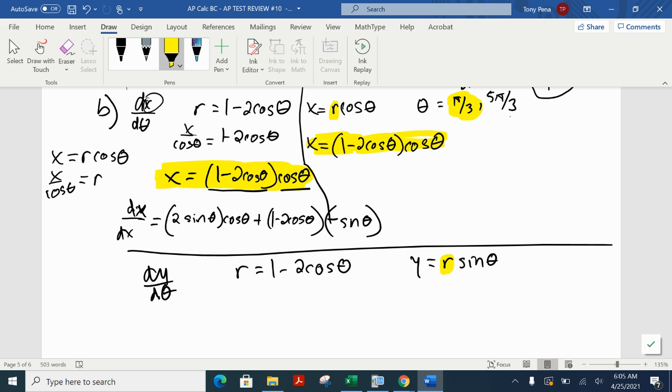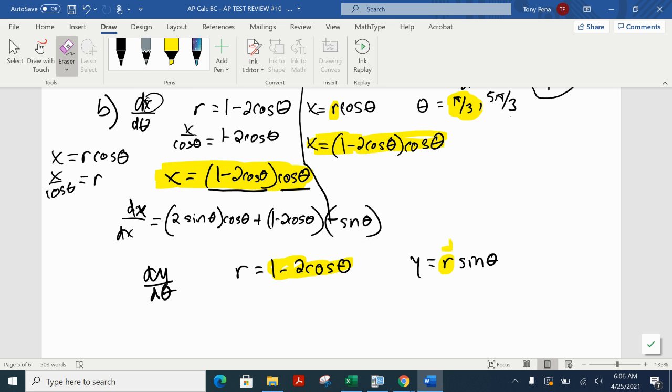You can get rid of r right away by taking this and plugging it in for r, and you have nothing but y's and thetas. If you like that version, then go with that version. You could solve this for r and then get rid of the r right here with y over sine of theta, and then you have nothing but y's and thetas. Really up to you how you want to handle that.